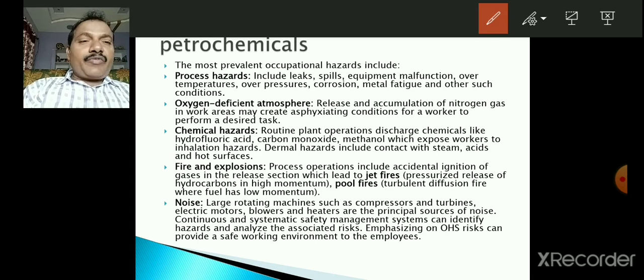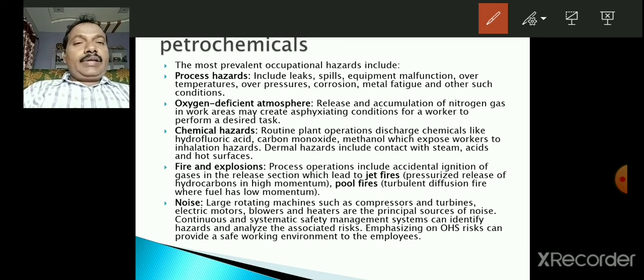This suffocation and inability to breathe puts a worker's life in a dangerous condition. So because of this nitrogen release and the atmospheric pollution, emergency conditions may arise for the workers.